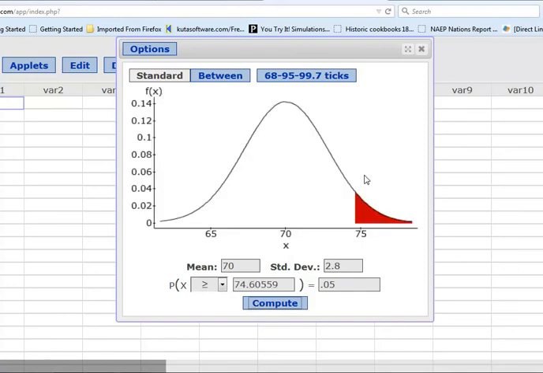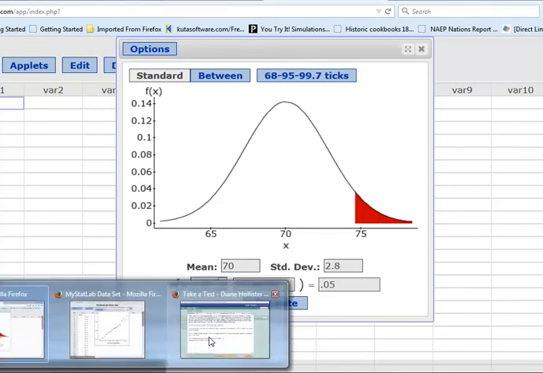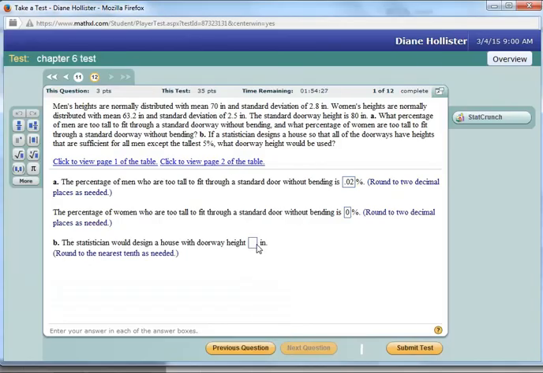That means the top little tail should be shaded red. That would work for everybody except for the men over 74.6 inches tall. So if you wanted to design a door that would work for 95% of men, you would design your door to be 74.6 inches tall. Only 5% of men would not be able to fit in that door.